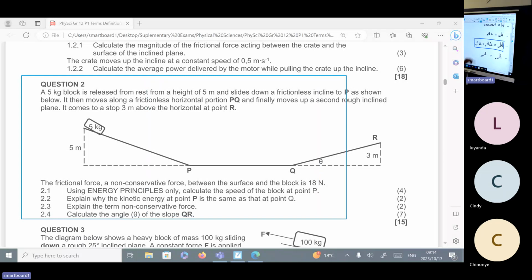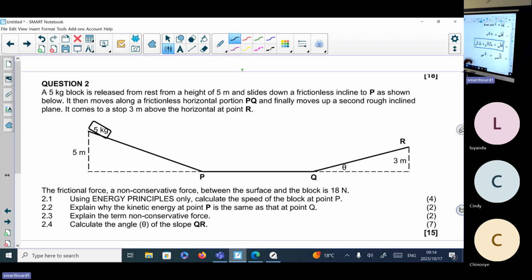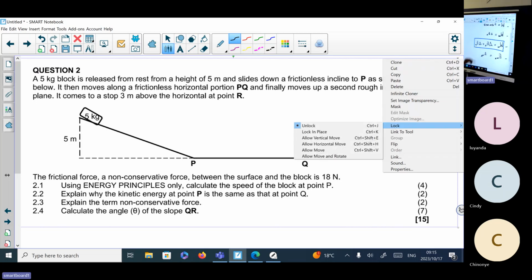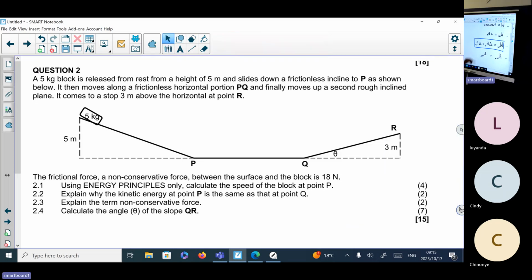For 15 marks, very simple question, but we need to be very careful when we read it. So here's our question 2.